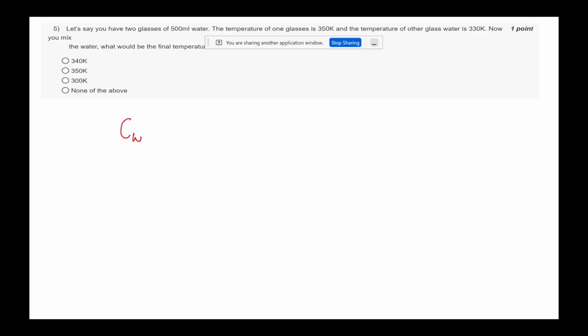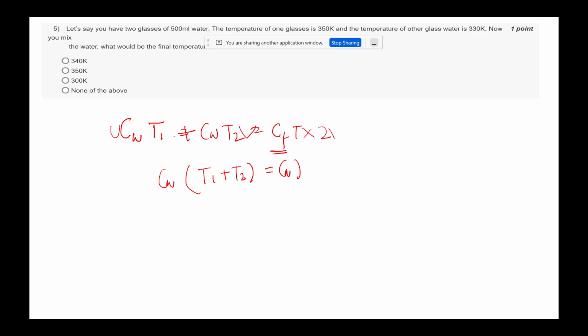This is simple because C_W T1 plus C_W T2 will be C_final T. Since C_W are the same and C_F is also the same, and there will be a volume element also, V cancels out, C_W cancels out. So 350 plus 330 is equal to 2 into T. So T will be 680 over 2, which is 340.